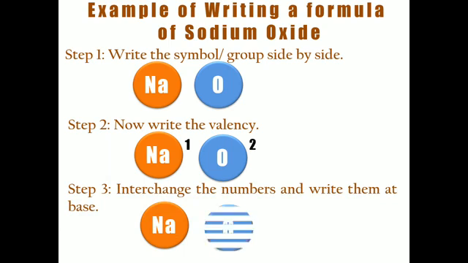The valency 1 of sodium will go to this side, and the number 2 will go to the opposite side. In this way, the compound which is going to form will be Na2O. Remember, Na2O is the formula for sodium oxide.